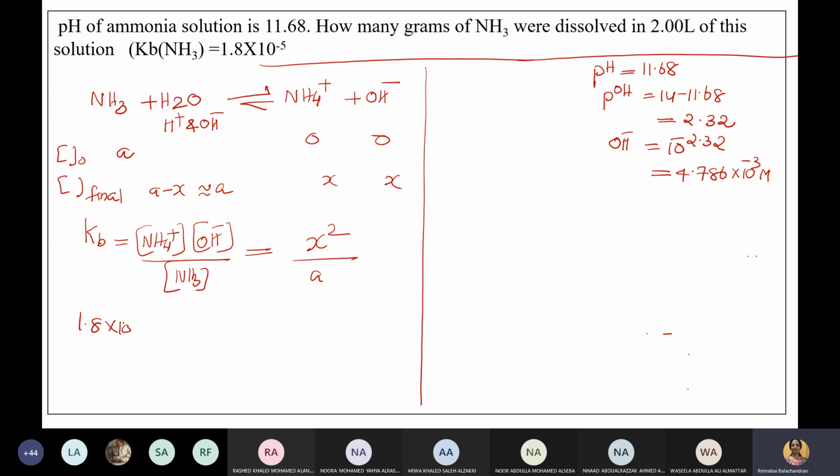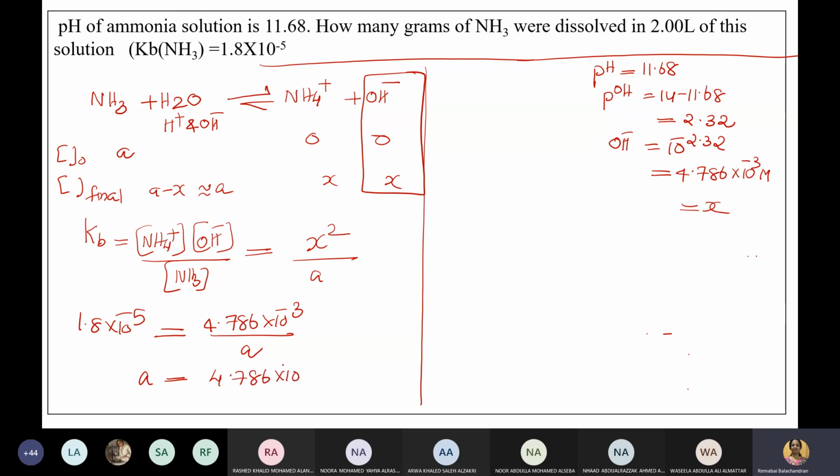1.8 × 10^-5 is equal to... what's the value of X? X is nothing but OH⁻, right? So X is 4.786 × 10^-3 over A. So I will get A. A is equal to 4.786 × 10^-3 over 1.8 × 10^-5.